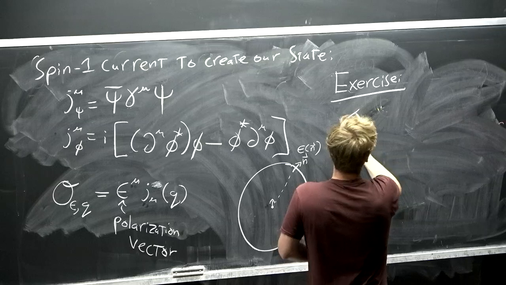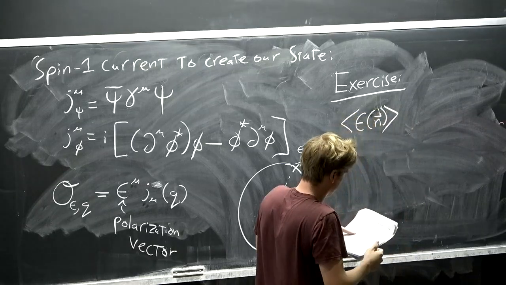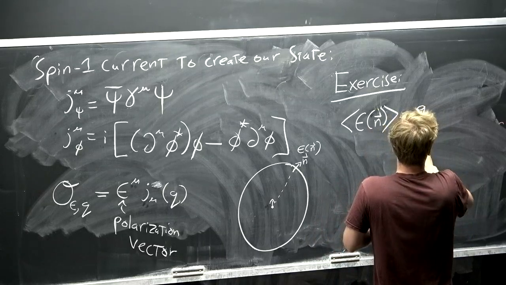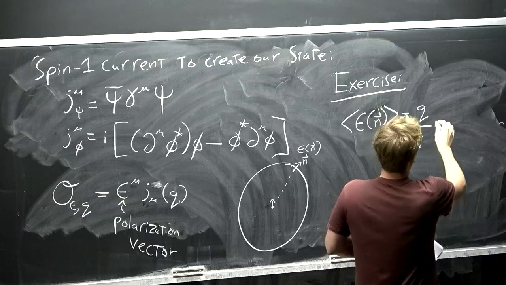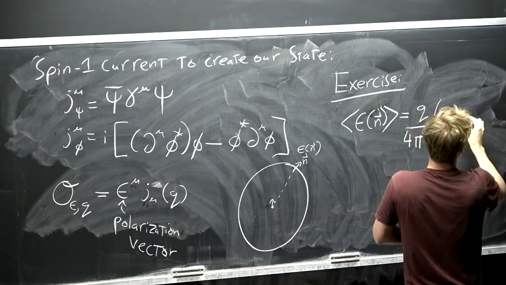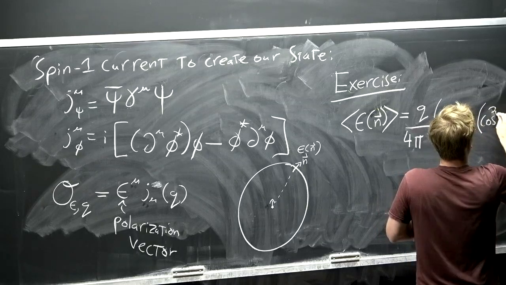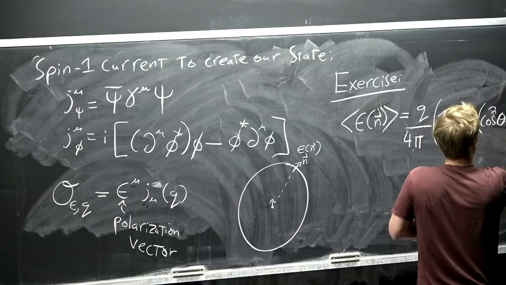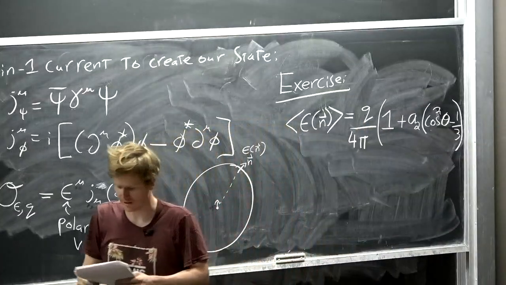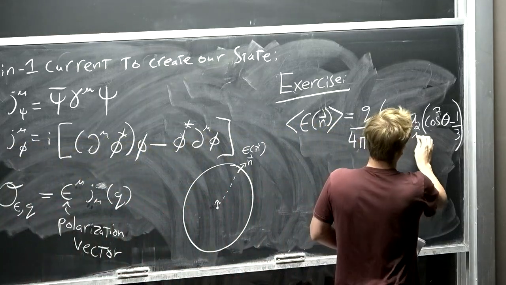You can show that the expectation value of this energy flux operator in this state has the most complicated dependence it can have: it again has this q over 4 pi factor, and then you have a 1 plus some unknown constant, like this. This is so that this piece integrates to 0 when you average it over the sphere. This is not fixed by symmetries.